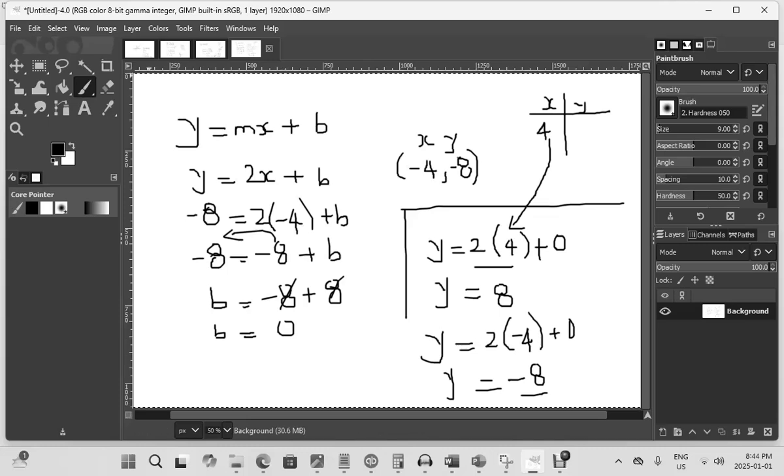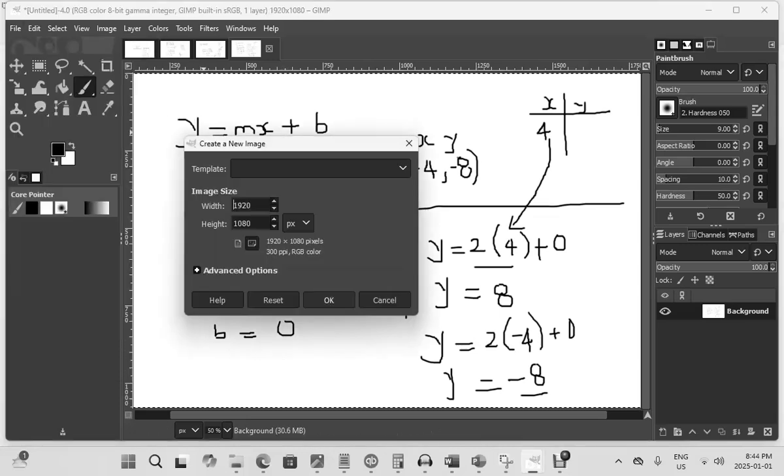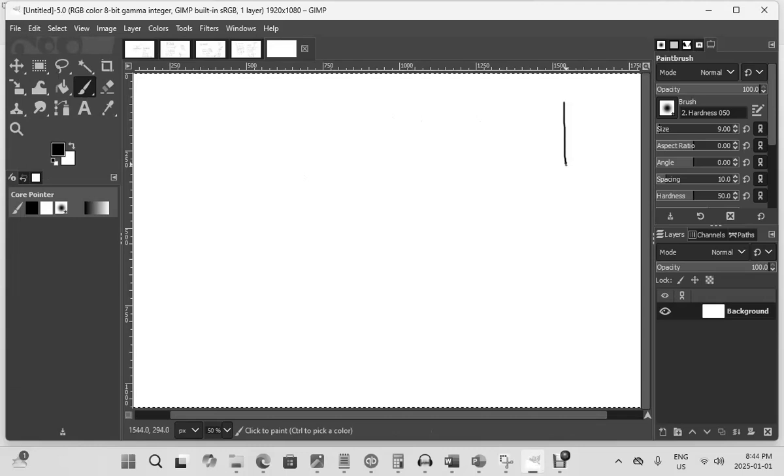Let's take an example. Let's say you want to figure out what x is, and you know that y is 8, your slope is 2, and your y-intercept is 0.